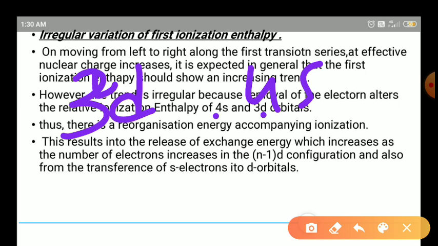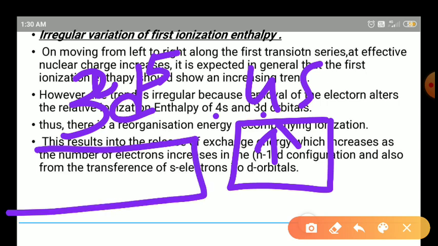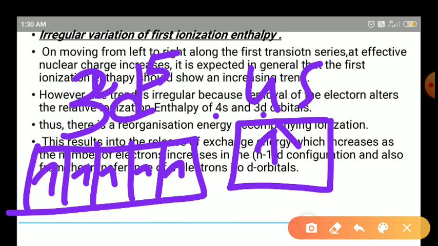If the 3d orbitals are completely filled or half filled, it means the 3d orbitals want to stabilize themselves by releasing electrons. Like chromium, for example, 3d5 4s1.